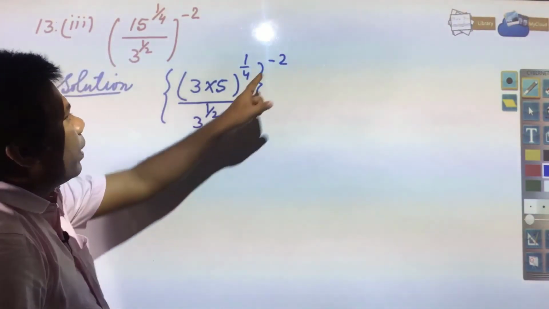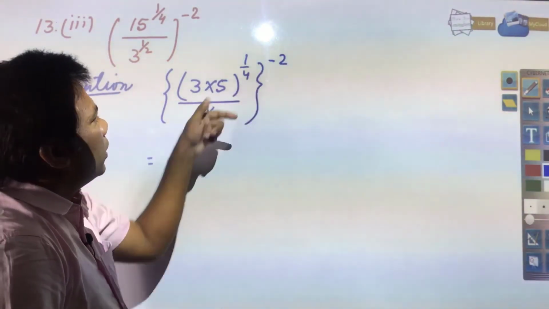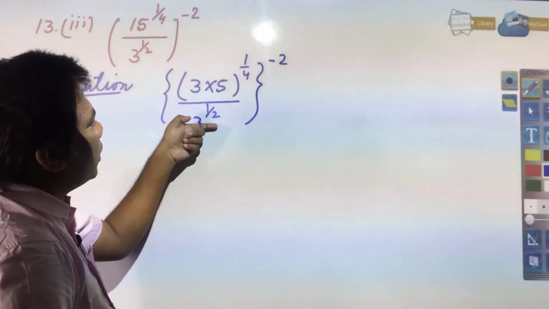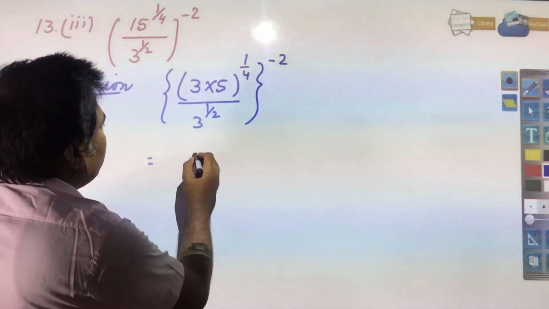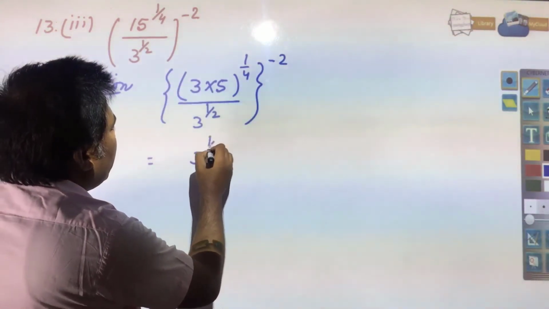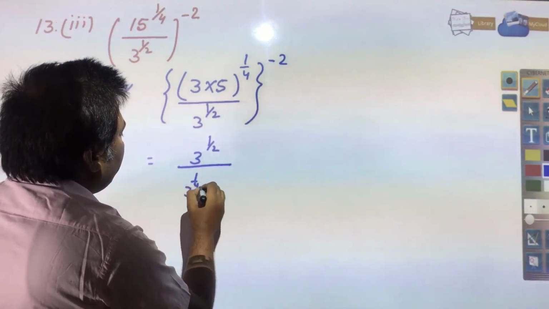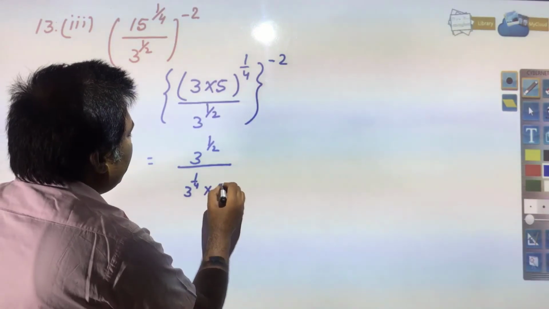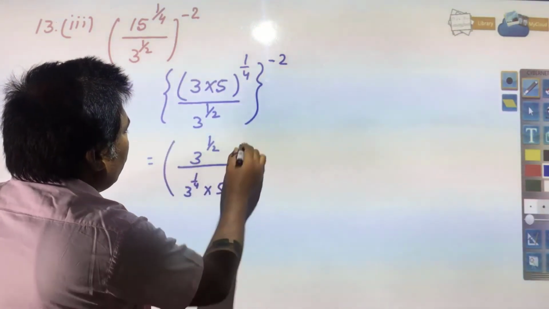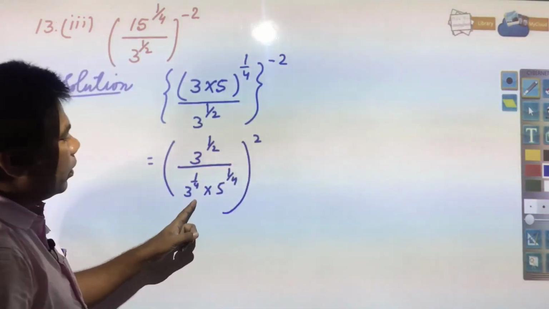So, if minus 2 you have, this can be written as inverse. So, this will be 3 to the power 1 by 2 divided by 3 to the power 1 by 4 into 5 to the power 1 by 4 whole to the power 2.